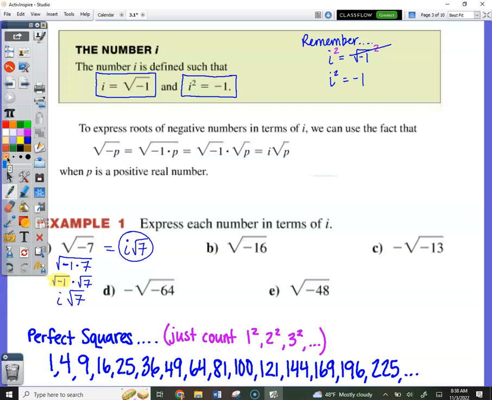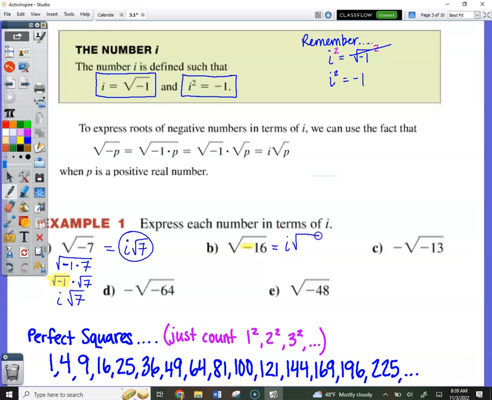So we're going to use that list. Those are your perfect squares. Let's go to example 1b. It says to take the square root of negative 16. When you see this negative under the radical, your final answer should have an i in it. And we're simplifying it right here. So I know I'm going to have an i. What I like to do is pull the negative out immediately and say to myself, okay, that means there's an i.